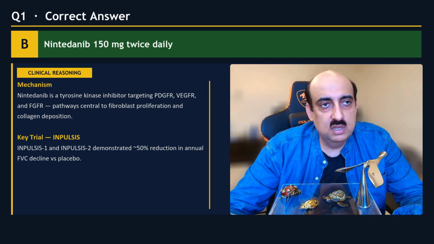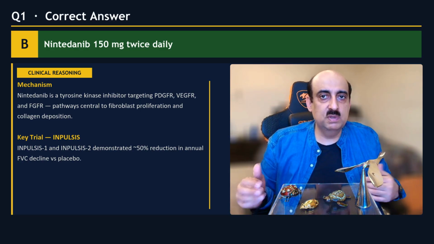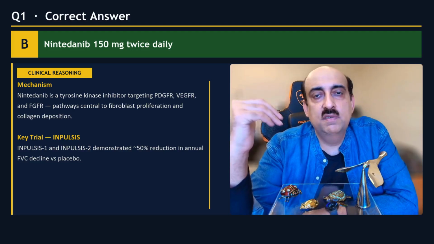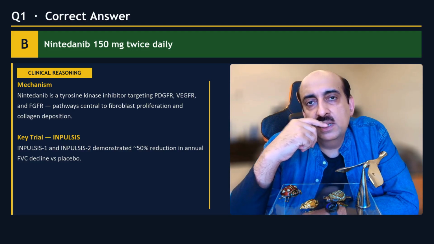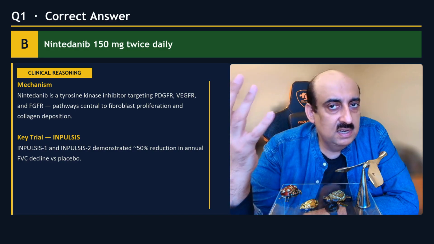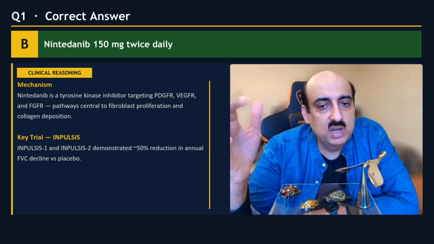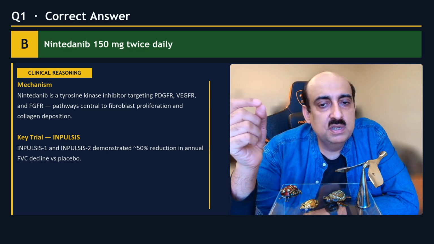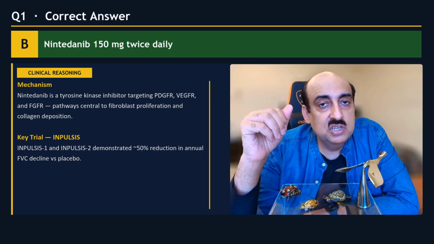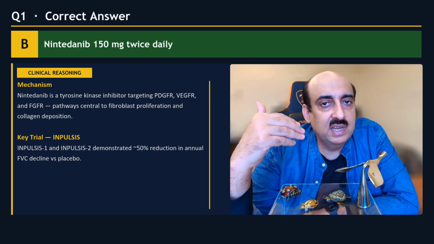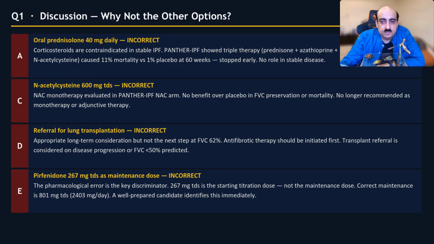It does not alter the established fibrosis, but it prevents or slows the development of new fibrosis. And the clinical evidence behind it comes from the INPULSIS trials, INPULSIS 1 and 2, which both demonstrated around 50% reduction in the annual FVC decline versus placebo.